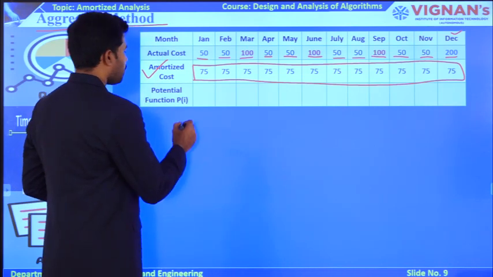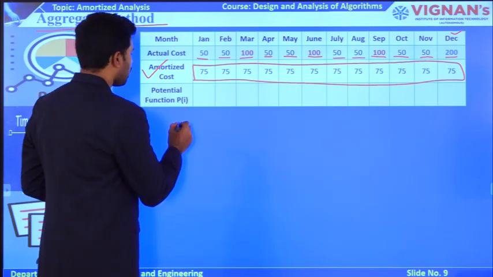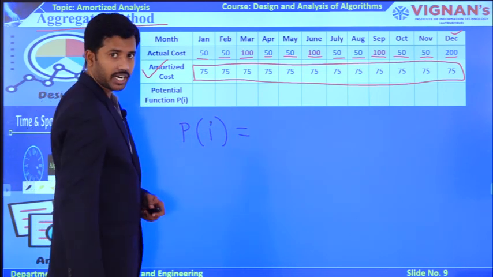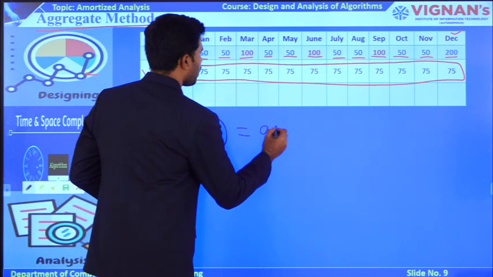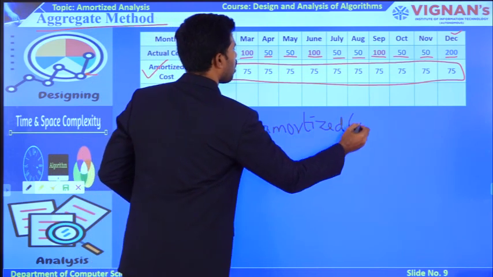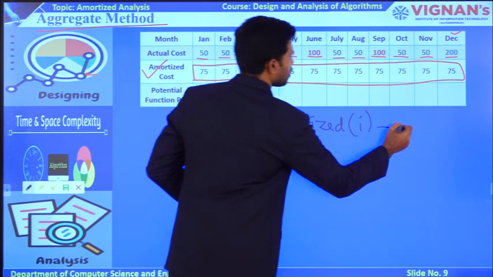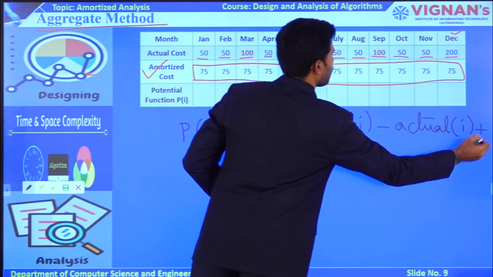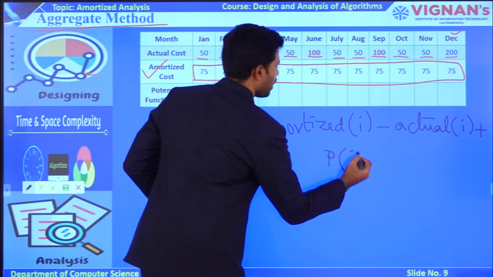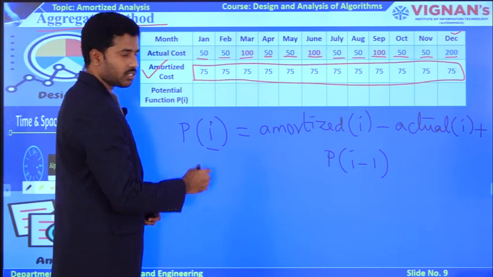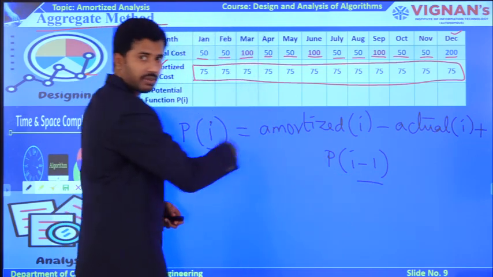As per the previous discussion on mathematical formulas, I got a formula for the potential function P of i. What is the formula? P of i equals amortized cost of i minus actual cost of i plus P of i minus 1. P of i defines the current instruction, P of i minus 1 defines the previous instruction.